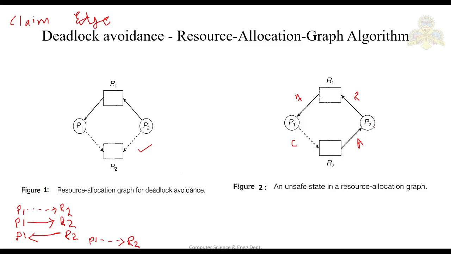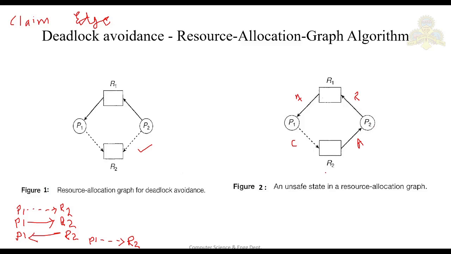It waits for some time so that it gains more resources, and then it will allocate the resource to the processes. If multiple instances of the resources are there, then we will use another algorithm, that is Banker's algorithm. If we have only a single instance of a resource in the resource allocation graph, then we will use this particular algorithm.